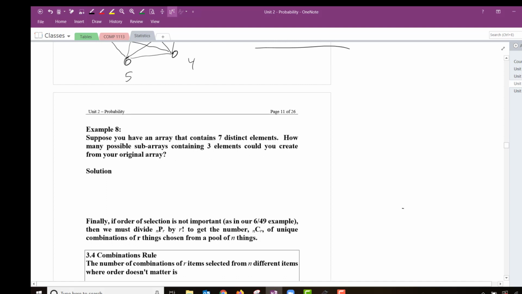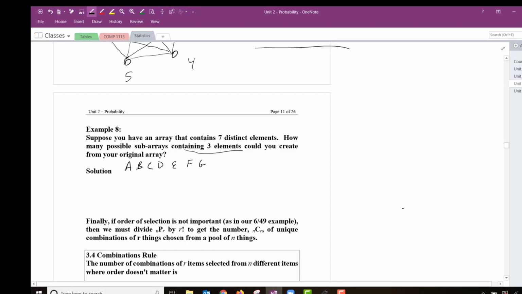More examples here. We have an array that contains 7 distinct elements. How many subarrays can we make that are of size 3? This is a case where maybe we should write down an array. There's my array of 7 distinct things that I can distinguish from one another.